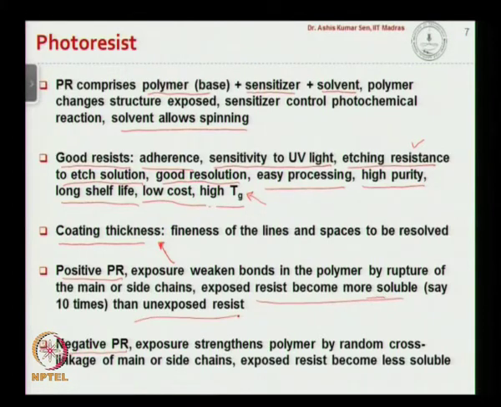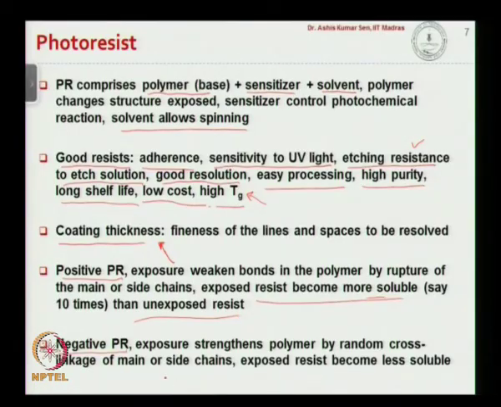So, if you have a positive photoresist coated onto a wafer and we expose UV light through a mask, all the exposed areas to UV light will get dissolved in the developer solution. Okay. Whereas, if it is a negative photoresist, the exposed areas will stay. In the exposed areas the polymers are going to cross link and they are going to stay. In the unexposed areas the photoresist is going to dissolve in the developer solution. Okay. So, that is going to happen in the negative photoresist.